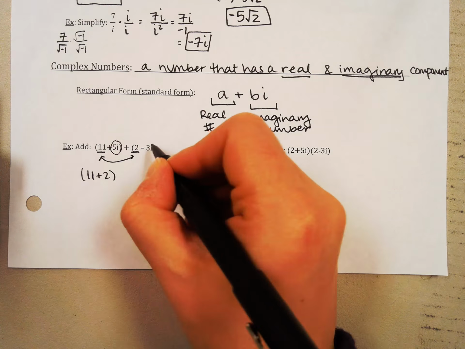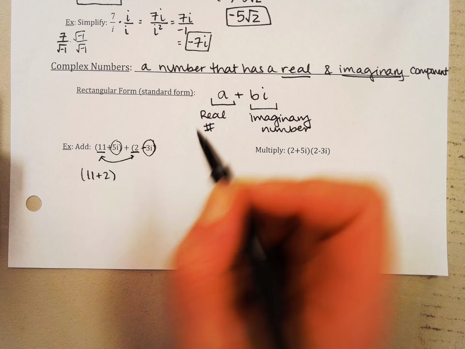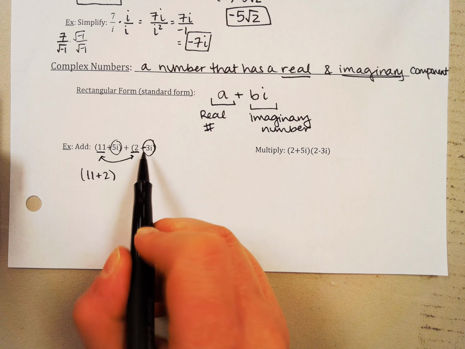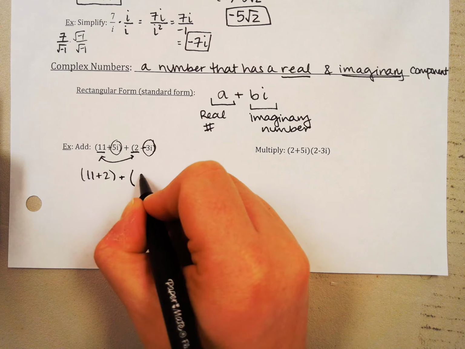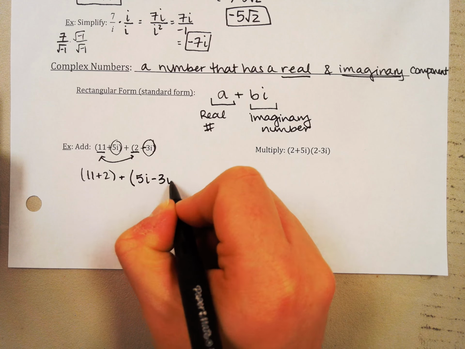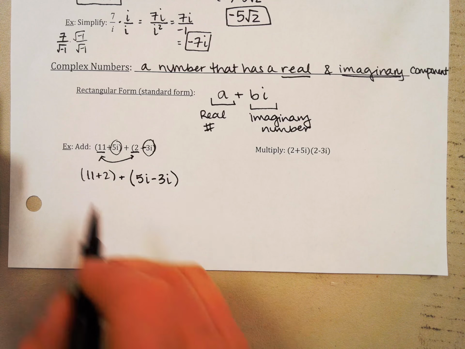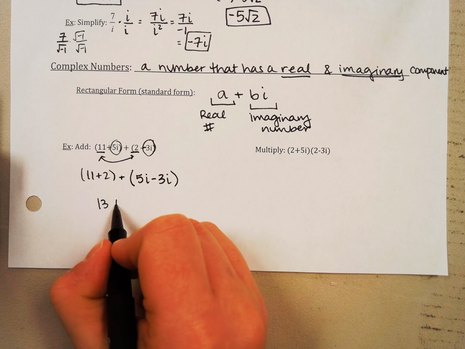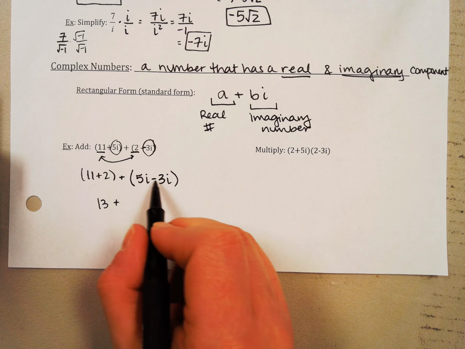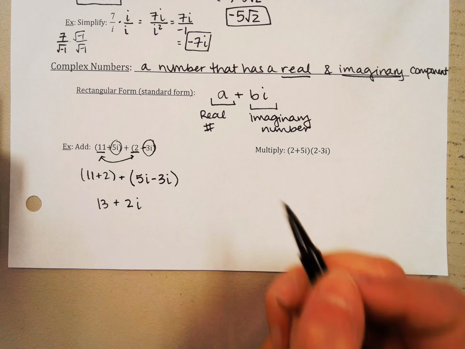And then we have our imaginary components, that deals with 5i and then -3i. So we're going to add those two things. And again, you treat it just like a variable. So you can obviously combine those to get 13, and then you can combine these, 5 minus 3 to get 2, and then we tack on the i.